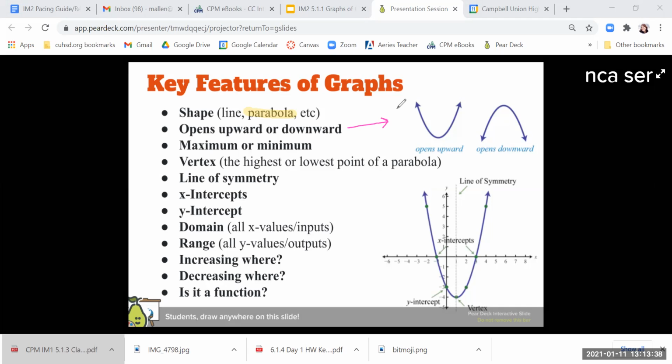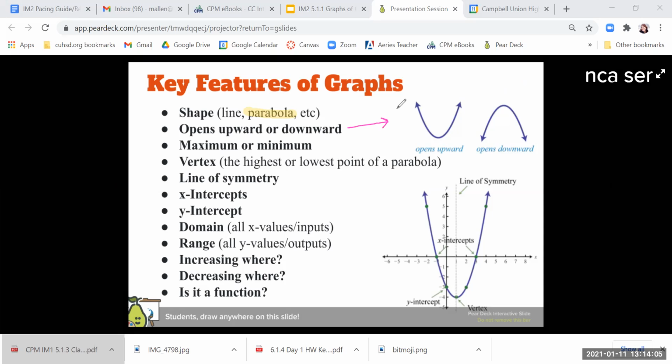But a parabola looks like sort of a U if it's opening upward, and sort of like an N or a mountain, an upside down U, if it's going downward. There's also such a thing as a sideways parabola like this that opens horizontally, but we're not going to consider those today or in this chapter. Those are not functions, whereas these are functions.